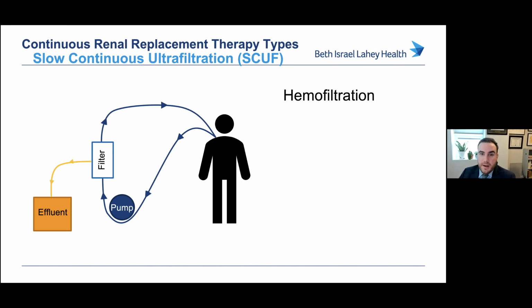This type of CRRT is generally used in patients that are volume overloaded. And their only problem, they don't have any metabolic abnormalities. They don't have any other major issues other than volume overload. So it's a way to continuously and slowly take volume off patients in the ICU without dealing with many other metabolic abnormalities.